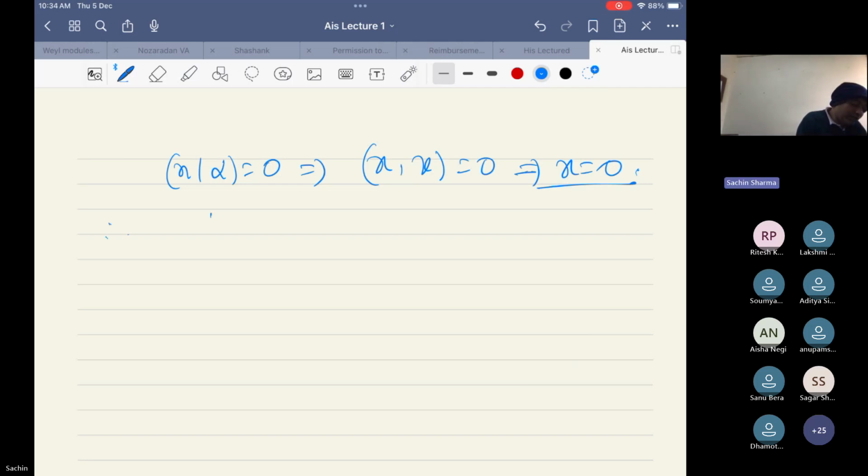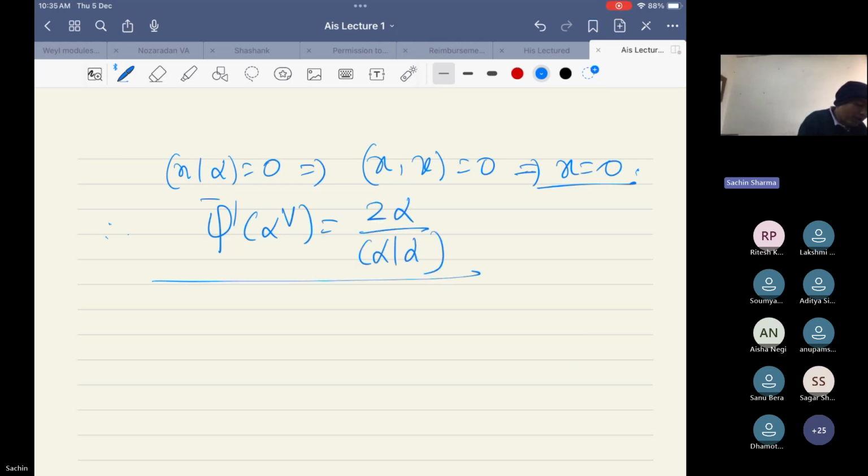So your inverse image, phi inverse of alpha check, is nothing but twice alpha by (alpha, alpha). So we have got this identity, and you can utilize this identity throughout to do the needful. Okay, so good.